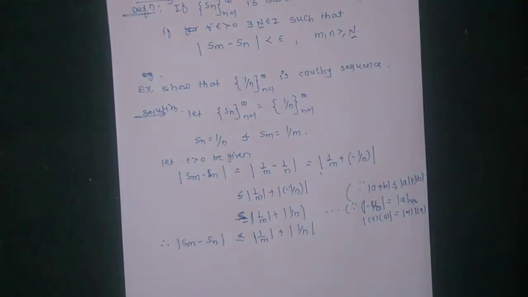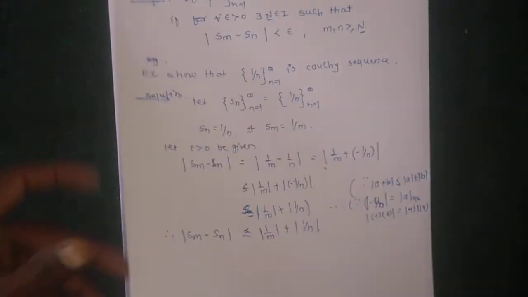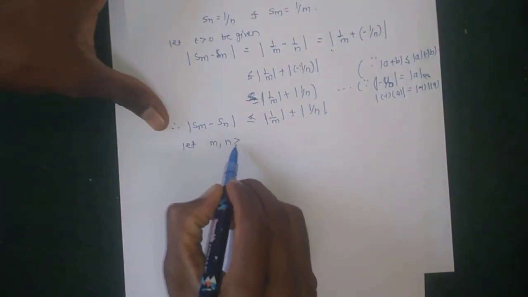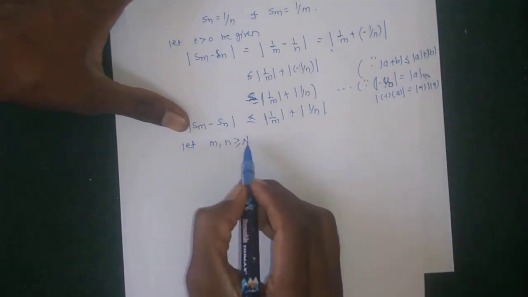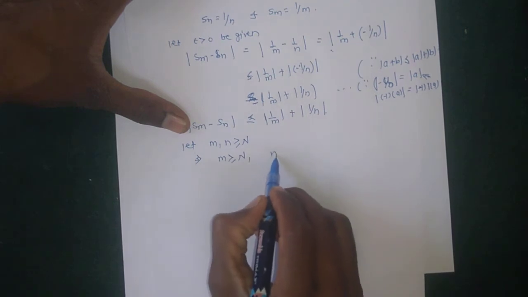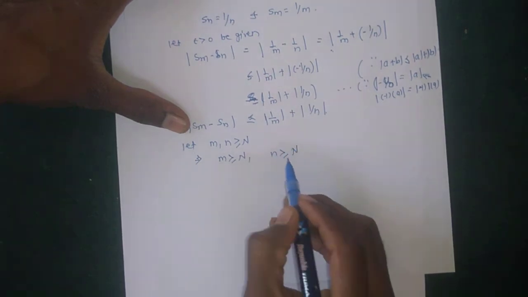So for that, let m and n be greater than or equal to N, which implies that m is greater than or equal to N and n is also greater than or equal to N.